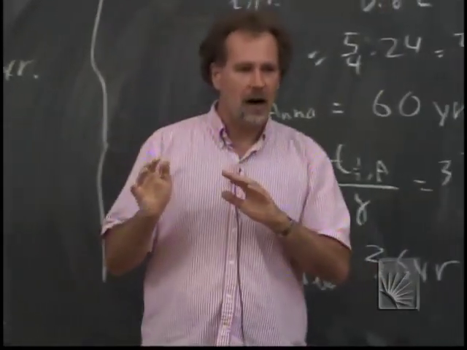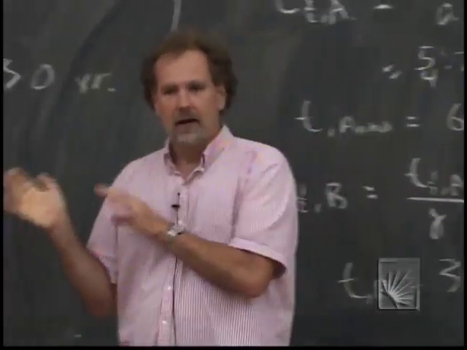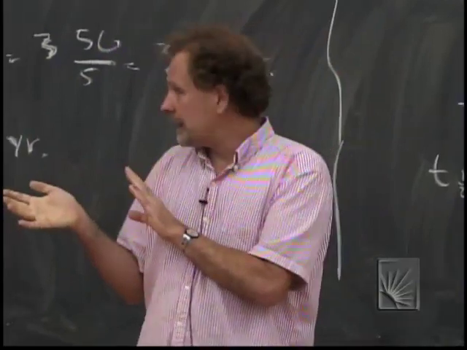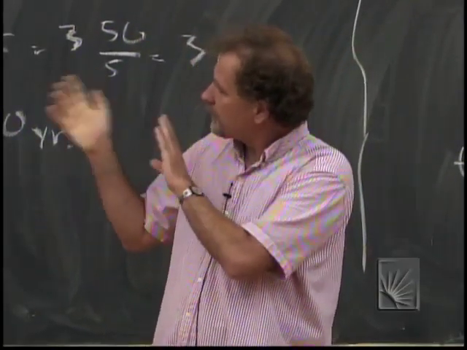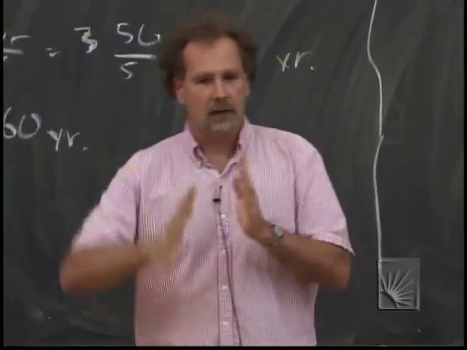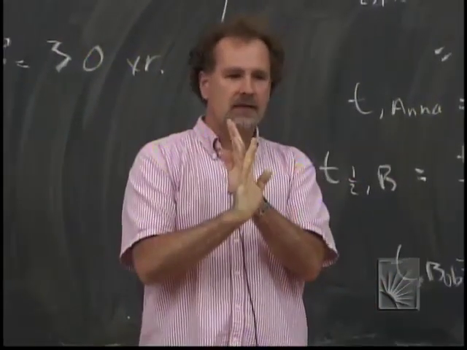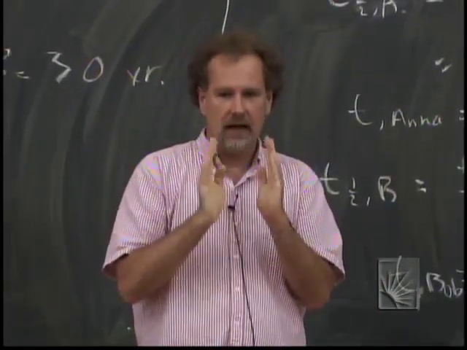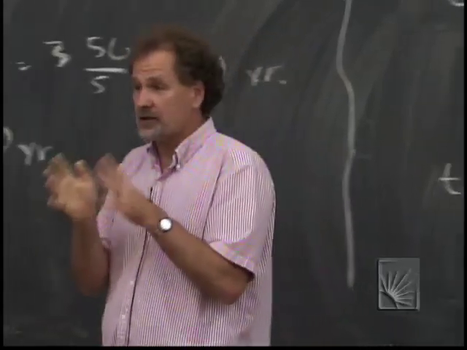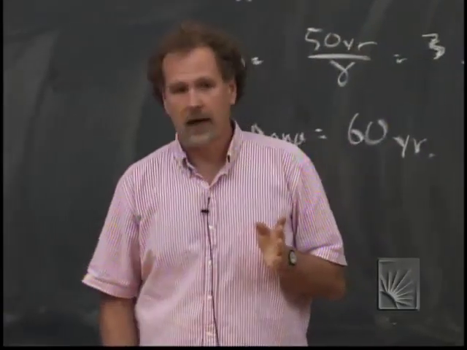And I know this sounds like a cop-out, but it is the real answer. If you wanted to treat this problem correctly and include the massive deceleration and re-acceleration that Anna experienced, that requires general relativity, okay?